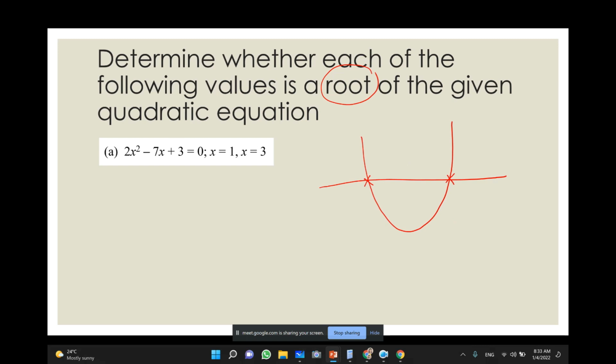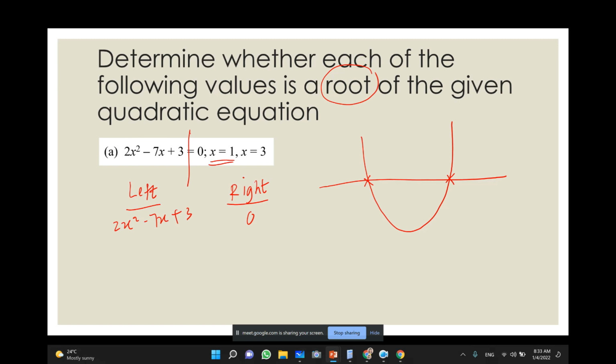For example, 2x squared minus 7x plus 3. I'm going to divide it into 2 sides. 2x squared minus 7x plus 3 is on the left, and we have 0 on the right. So on the right, I just write down 0 straight away. On the left, I will have 2x squared minus 7x plus 3. So first, I'm going to substitute the value of x equal to 1.